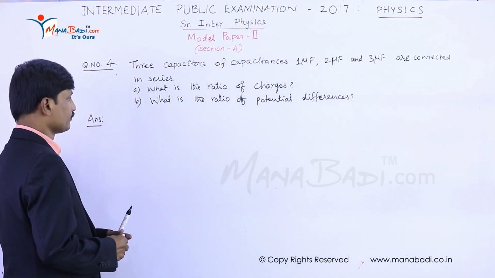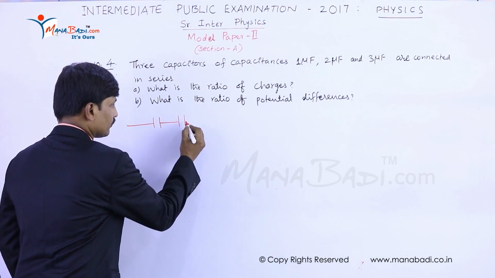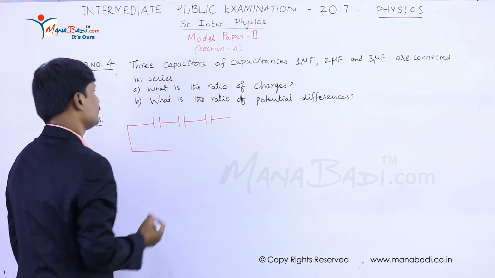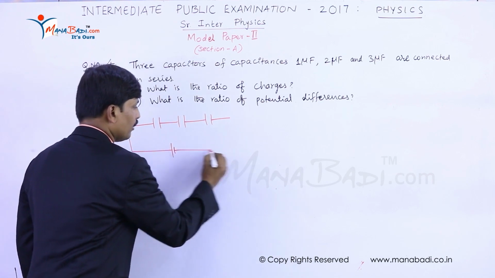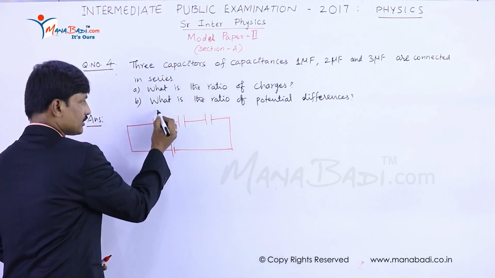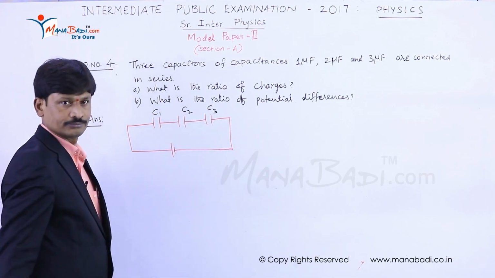Let me explain. Let us consider the 3 capacitors are connected in series with the help of a battery. Suppose the capacitances are C1, C2 and C3.